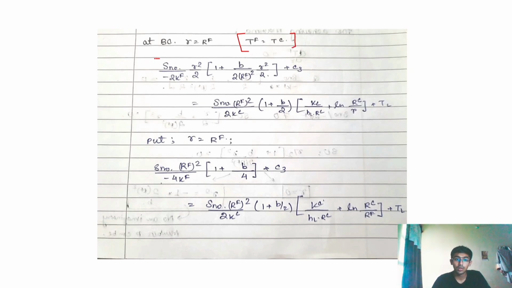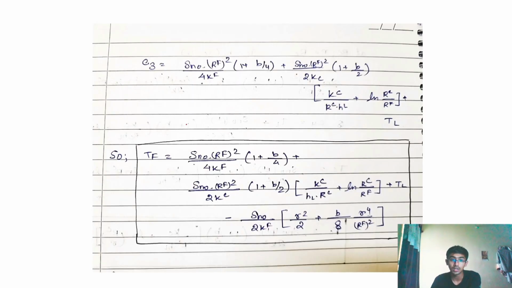So if we put the value of RF at R equals to RF, and put in the values of C3 and TC, we find that C3 also comes in terms of the ambient temperature and constant values. Here Kc is the thermal conductivity of the cladding material, KF is the thermal conductivity of the fuel material, RC is the radius of the cladding, and HL is the heat transfer coefficient.